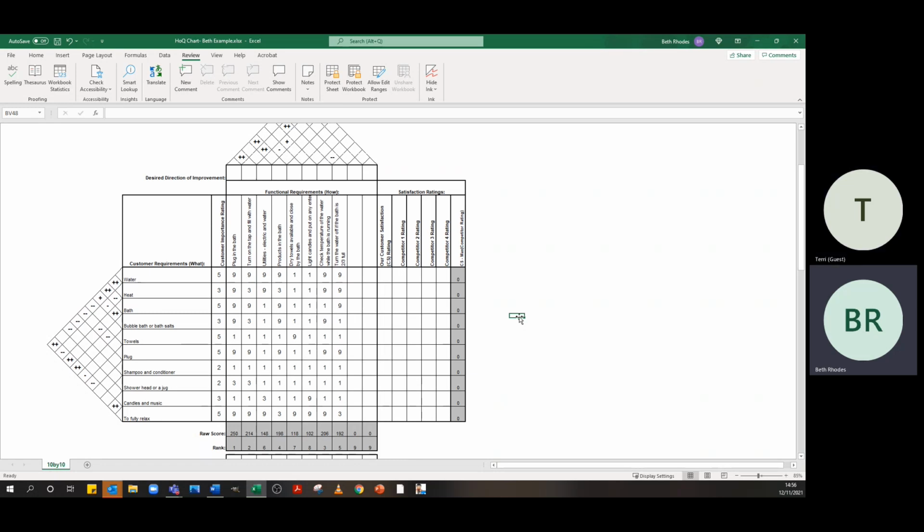Start there and then do what me and Terry have done and just work your way around the grid. And I always find it easier when I'm doing this to do it as a conversation. So get somebody else involved, get another opinion. It helps you to break it down and to think about each of the points.